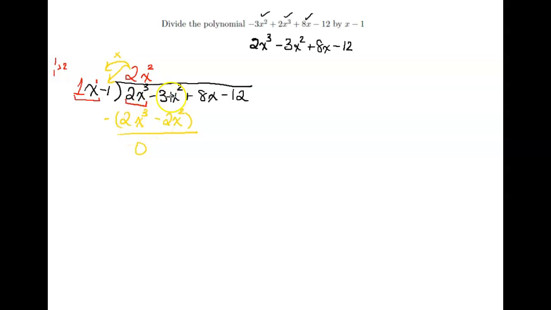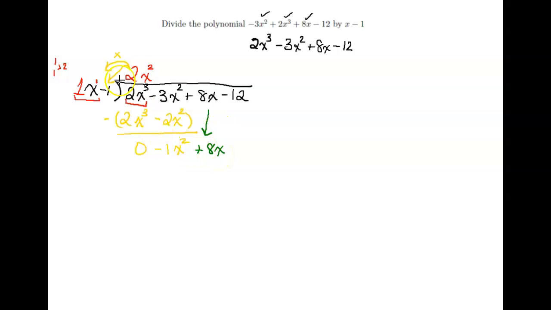So negative 3x squared plus 2x squared is going to leave us with minus 1x squared. And just like before, we have two terms here. I need a second term, so I'm going to drop the next one, giving us a plus 8x.